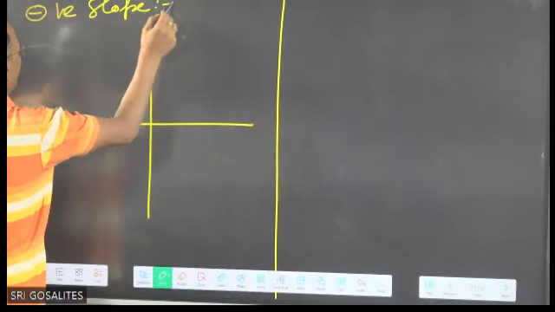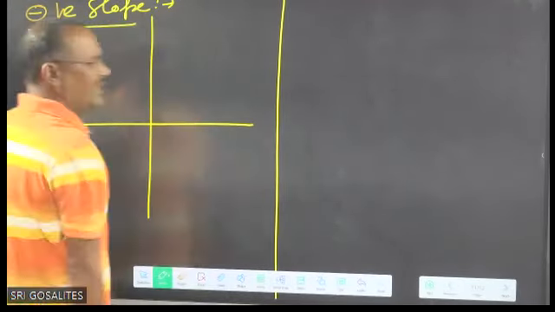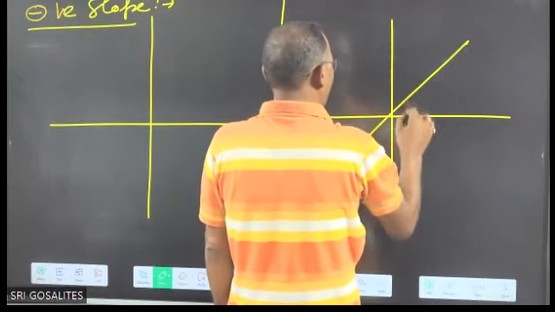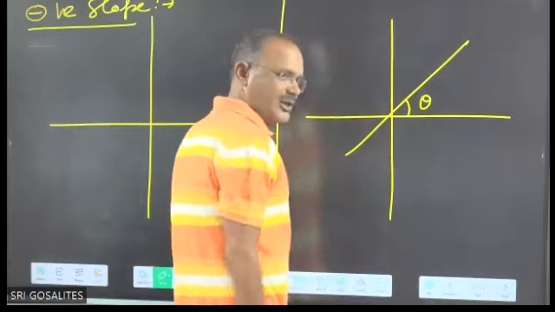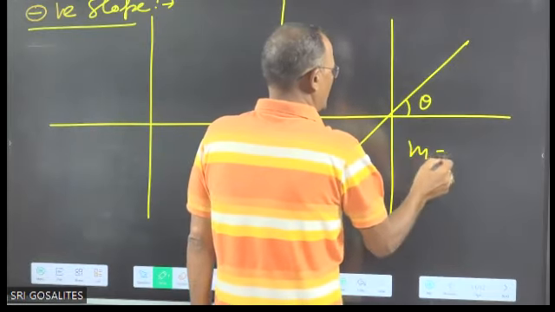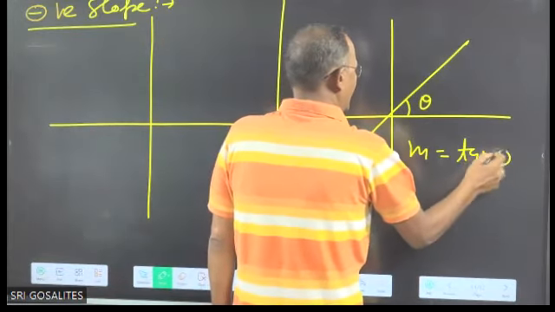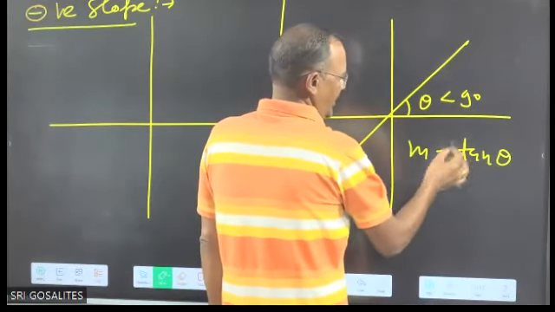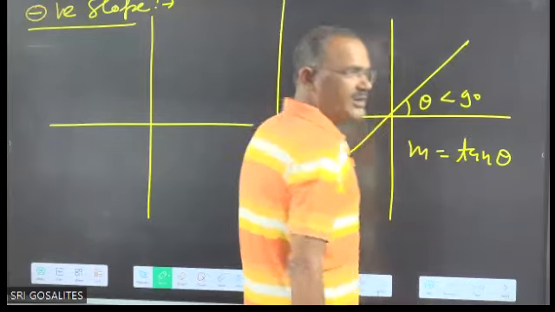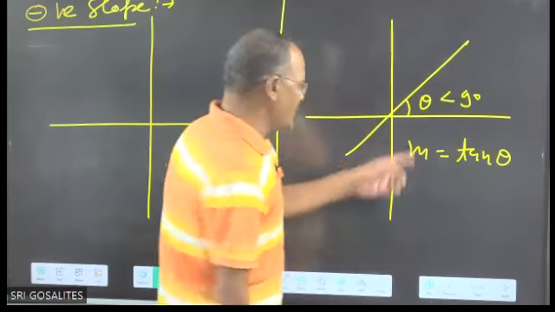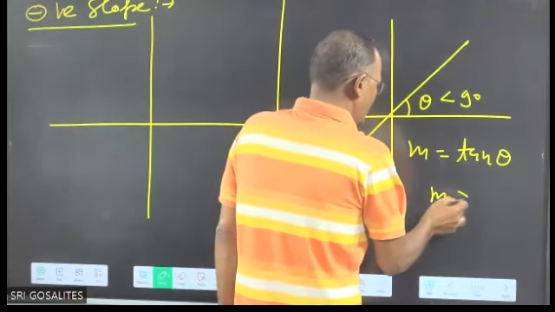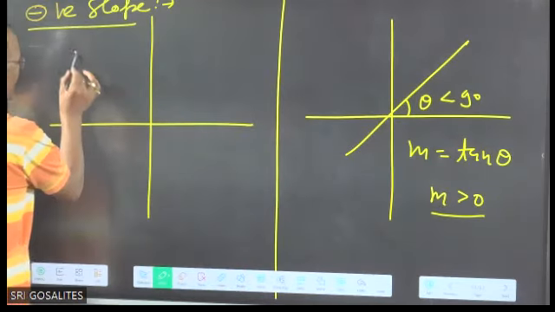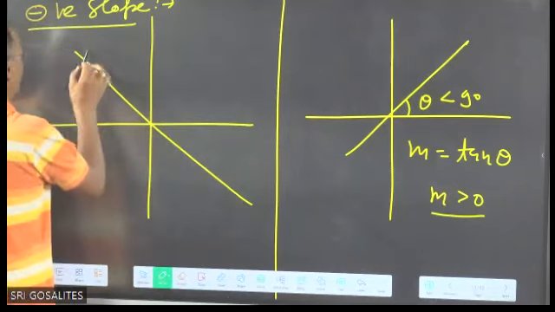See, so far we have discussed a line making an angle theta, which was acute. So slope was called tan theta, with theta less than 90 degrees. For all the angles lesser than 90, tan is positive, so slope was positive.